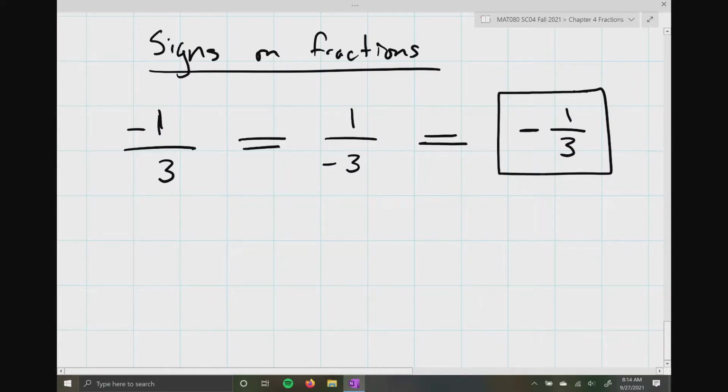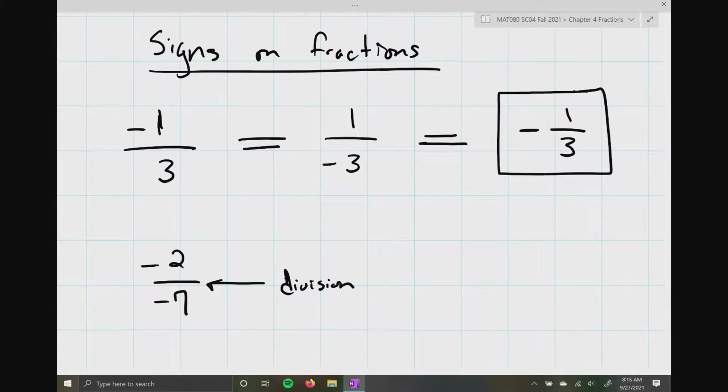The only thing you got to be careful about is if you run into this situation here. If you have a double negative, a negative in a numerator, negative in a denominator, you got to remember that a fraction bar means division. So you're dividing two numbers here with negative signs.